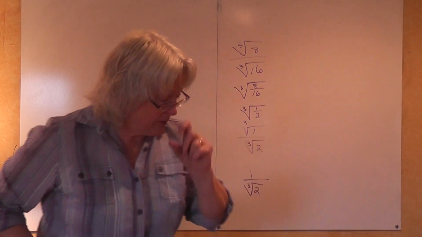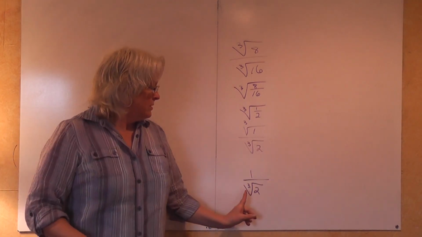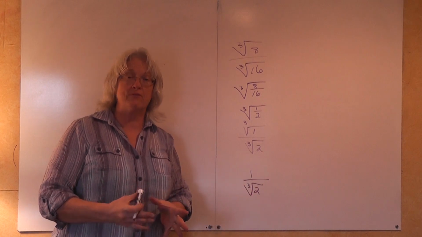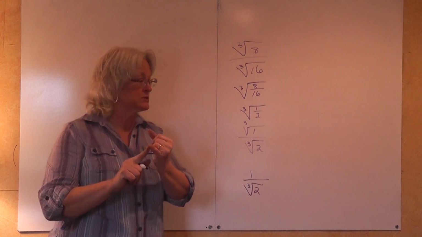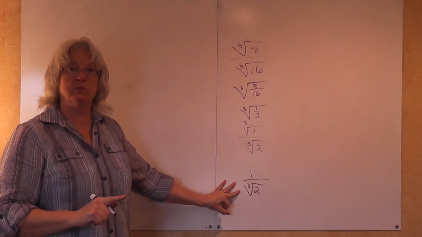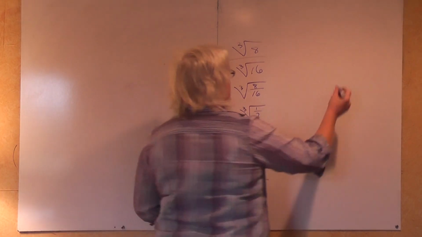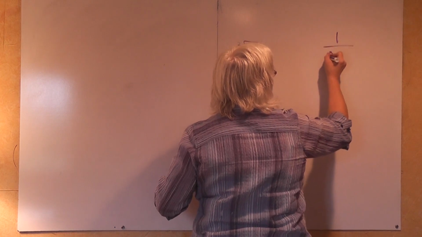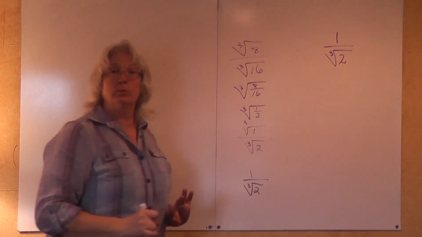Let me see how they do it. When you're looking for a cube root, you're looking for one identical factor that's used how many times? 3 times. Cube root requires that same identical factor used 3 times. So we want to rationalize this expression, 1 divided by the cube root of 2.